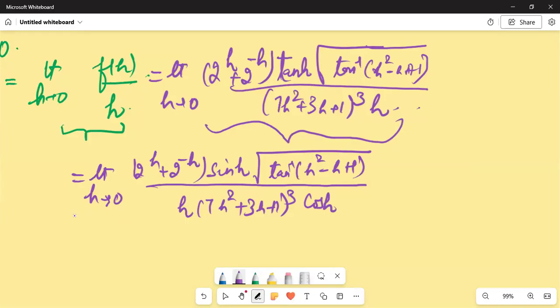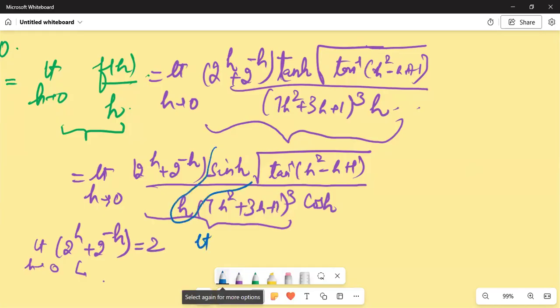Now you know that this is a product of functions over which the limit is being applied. So you can separate it only if the individual limits exist and are finite. For this function, the limit as h goes to 0 is 2.